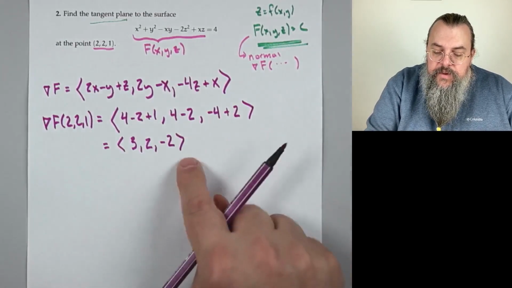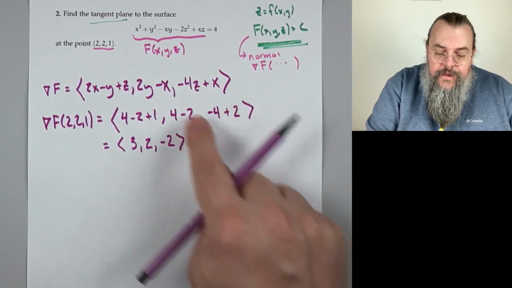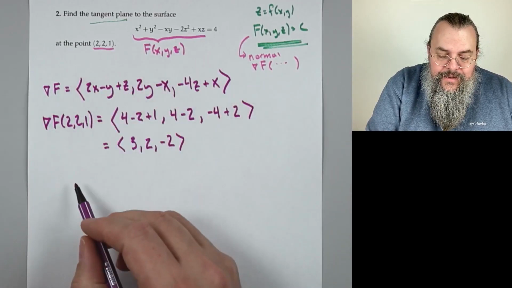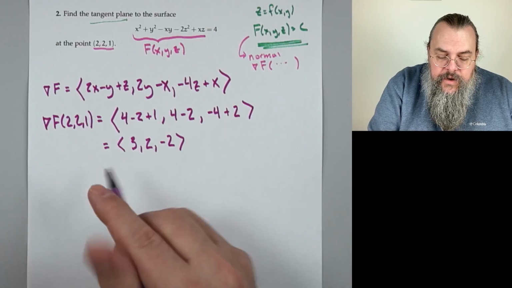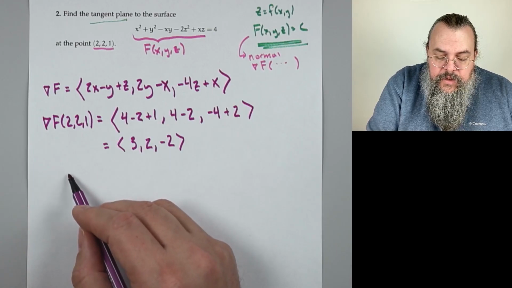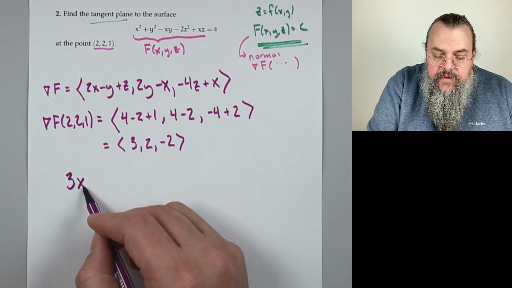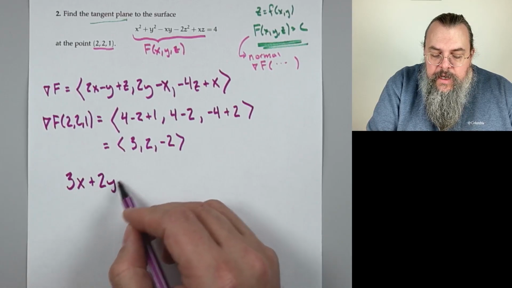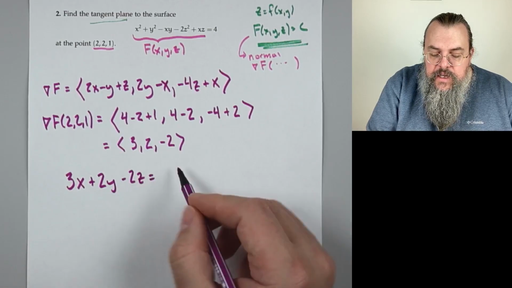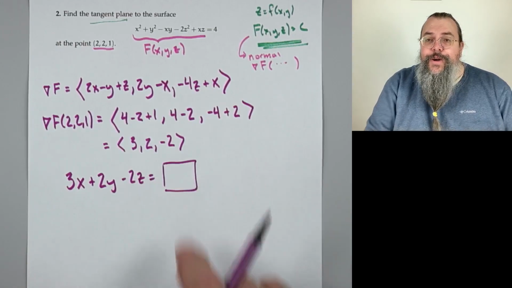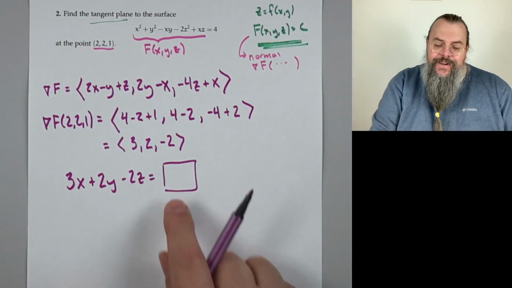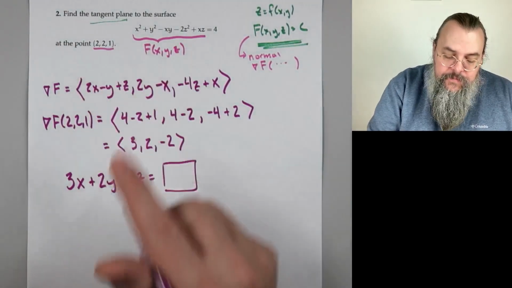So, and remember, this is our normal. This is our point. So now our normal acts like our coefficients. So we can say our plane looks like 3x plus 2y minus 2z equals something. The question is, of course, what goes in that box? Well, that's where the point comes in.